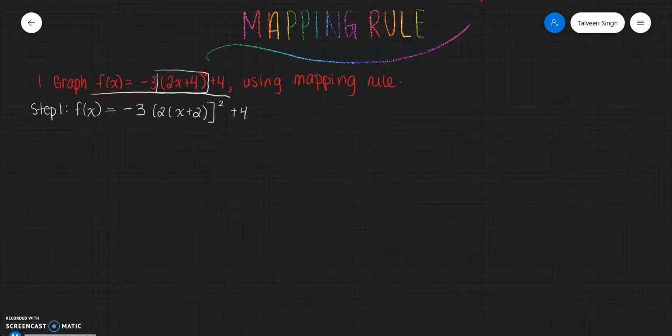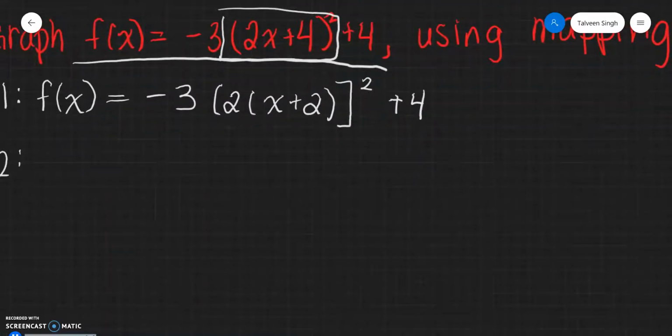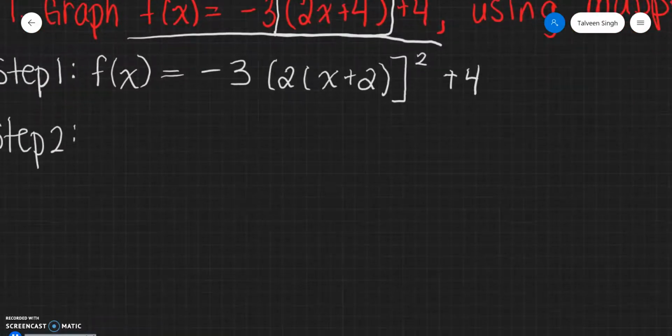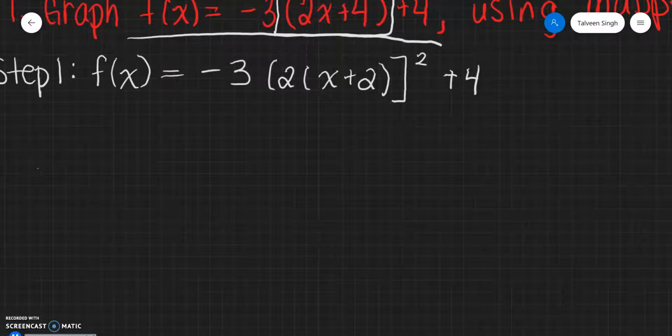Okay, so now that we factored out the 2 from this bracket here, we're going to determine our vertical and horizontal stretches and translations. I'm just going to erase the step 2 here and quickly show you how I'm going to find our A, K, C, and D values. Our vertical stretch is always going to be the number outside the bracket, right at the front.